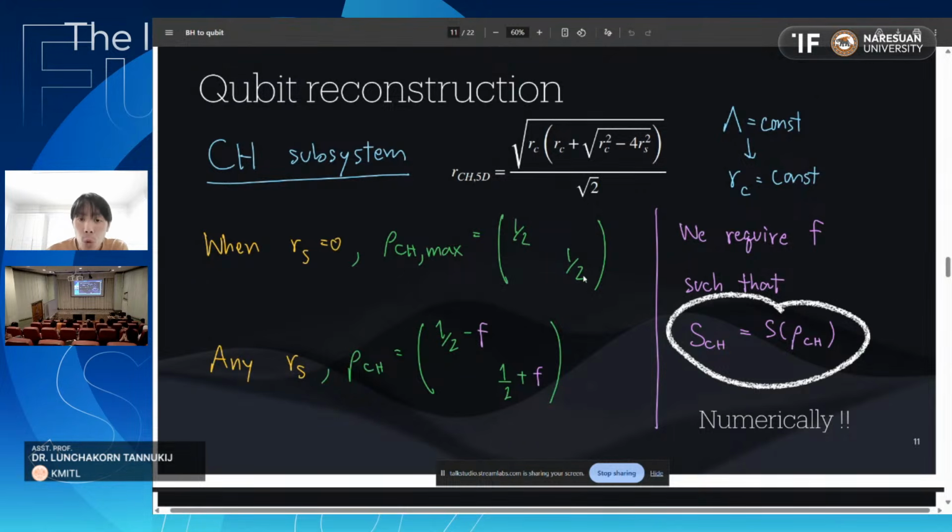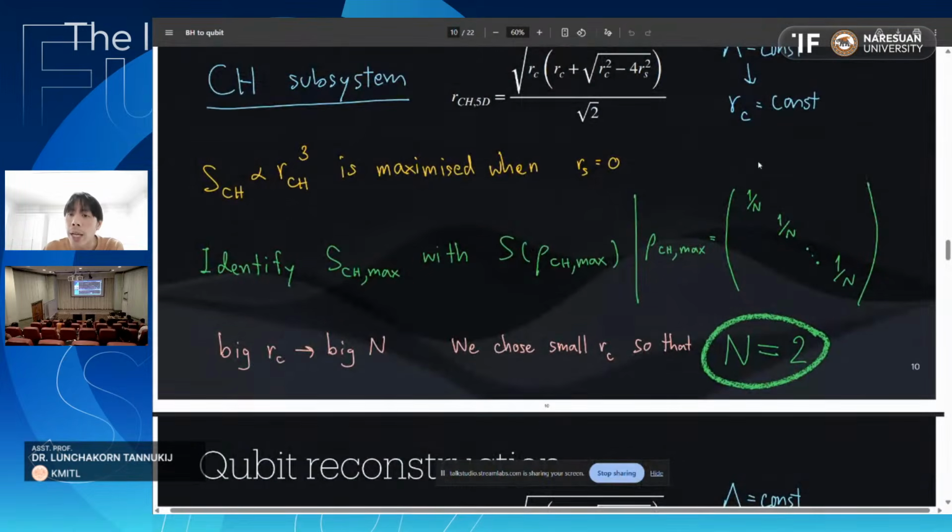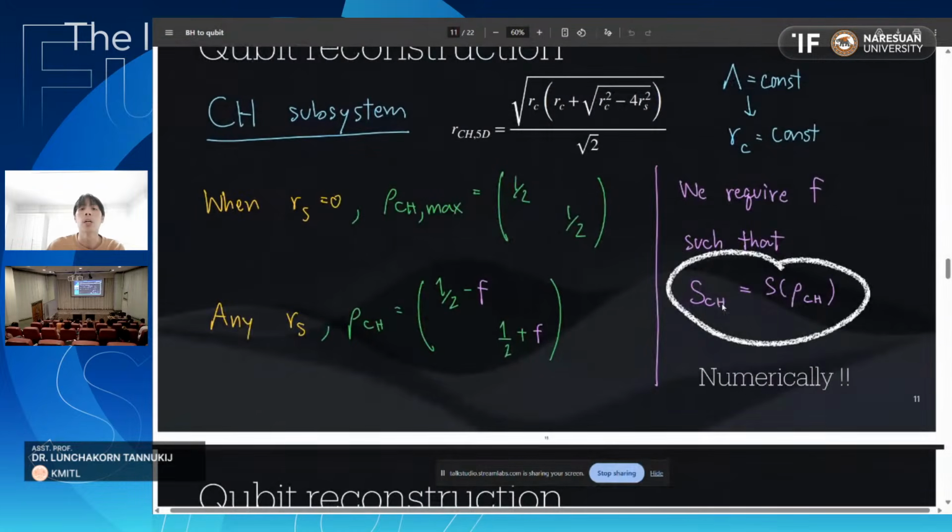By having a 2x2 density matrix, you will have diagonal elements equally distributed, so 1/2 and 1/2 on the diagonal elements. And I may have forgotten to mention that all of the off-diagonal elements are 0. So there are only diagonal elements, equally distributed, while the others are 0.